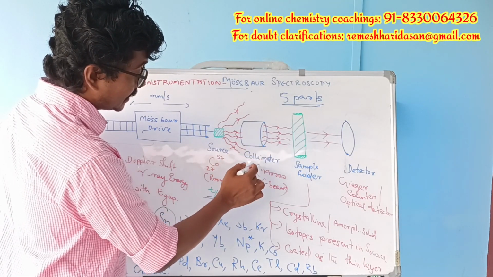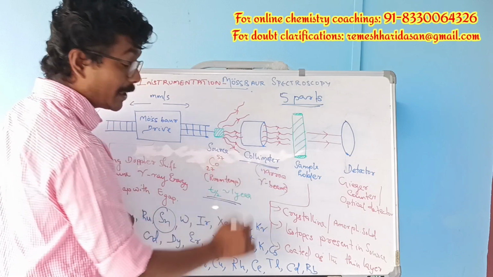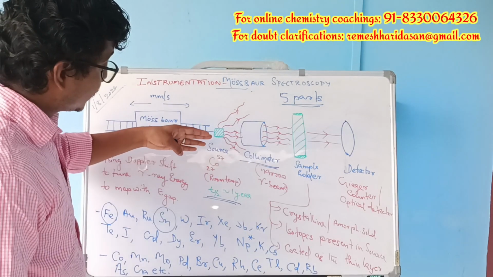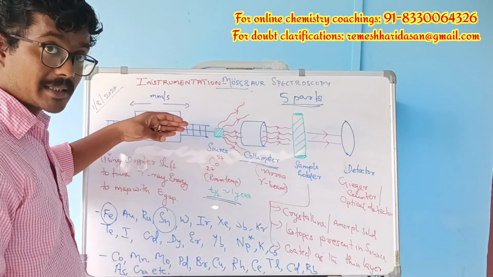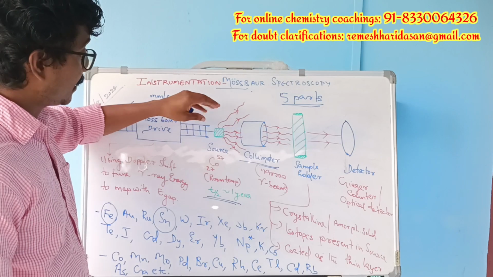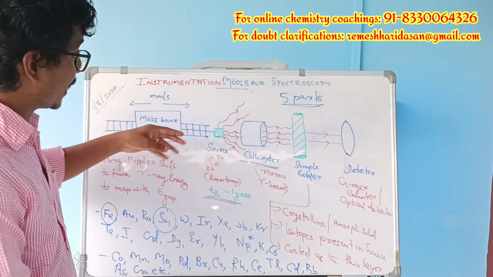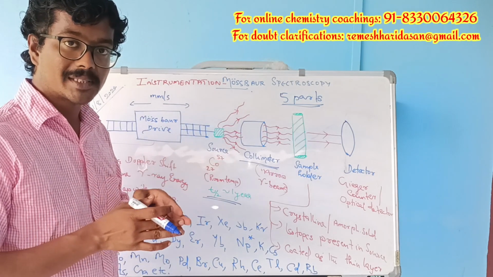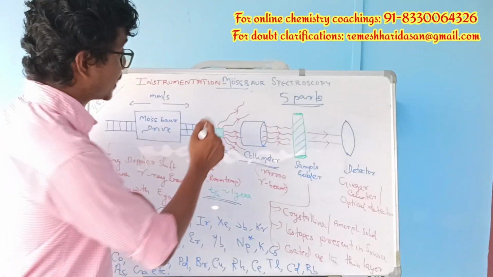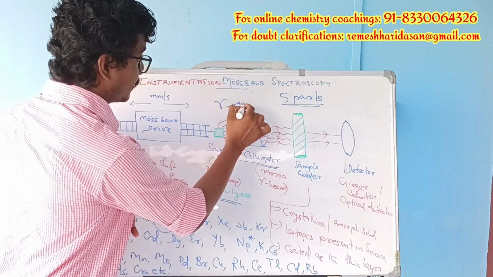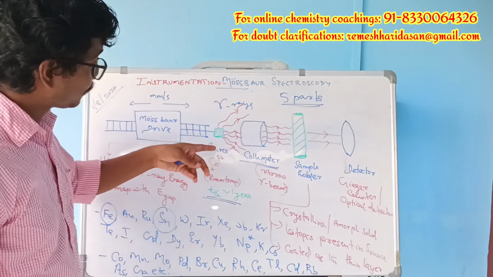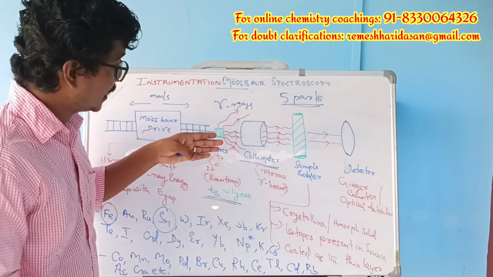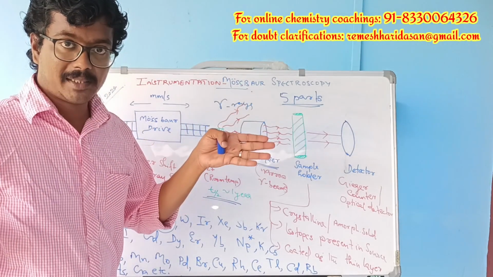The third factor is the collimator. When the source is moving towards and away from the sample with the support of the MOSFET drive, the source emits gamma rays. These gamma rays are widely spread out.